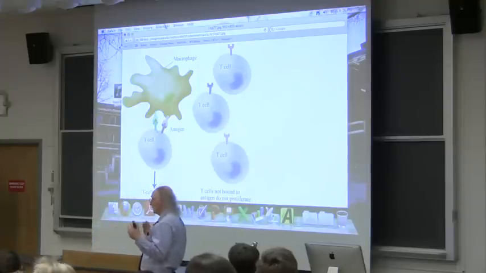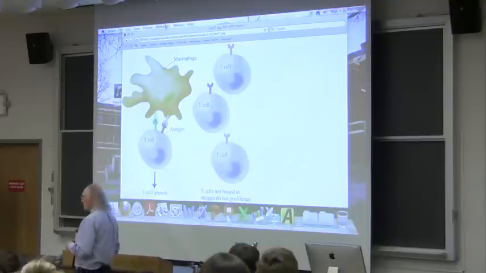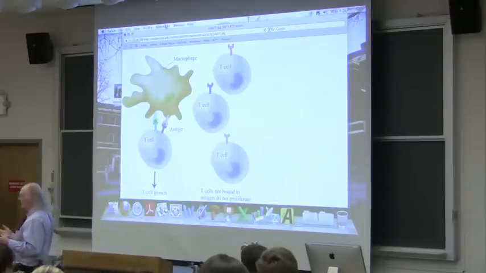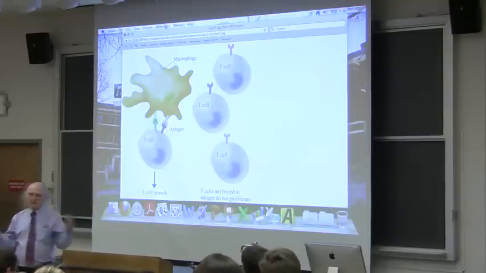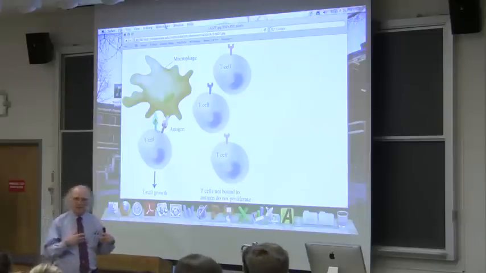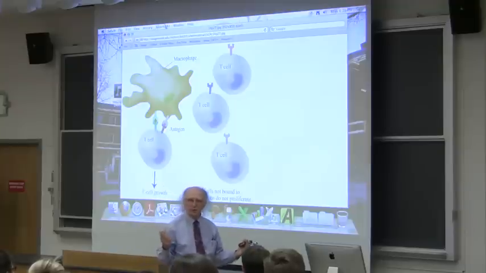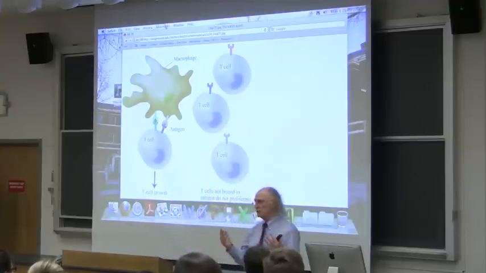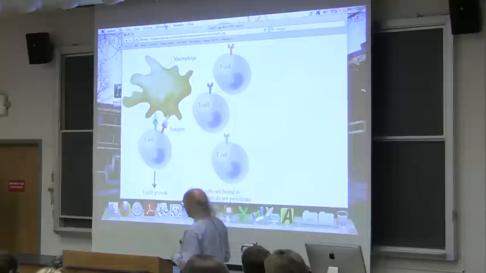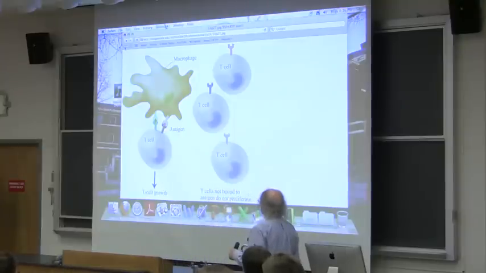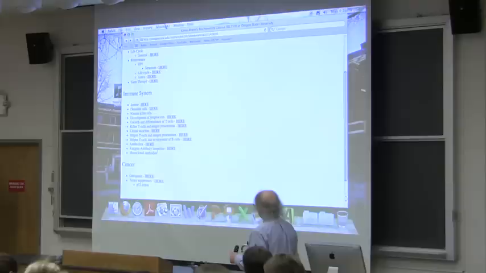This monoclonal antibody attacks it and stops the protein from telling the cell, divide, divide, divide, divide, which is what it does when it's present in too great an abundance. Okay? So monoclonal antibodies can be very powerful tools for helping us to treat disease, as well as for studying in the laboratory.